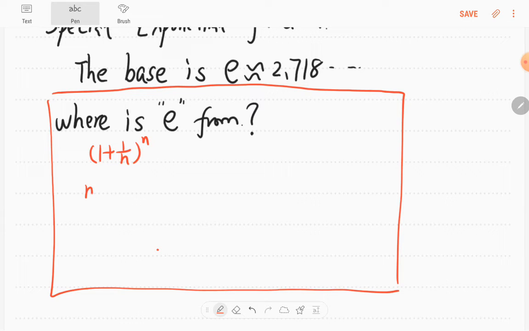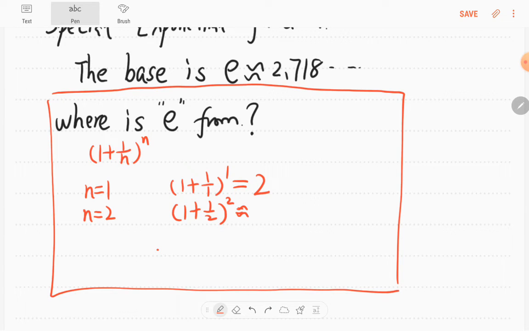If n equals 1, it's equal to 1 plus 1 over 1, which is equal to 2. When n equals 2, then it's equal to 1 plus 1 half, squared, which is equal to about 2.25.